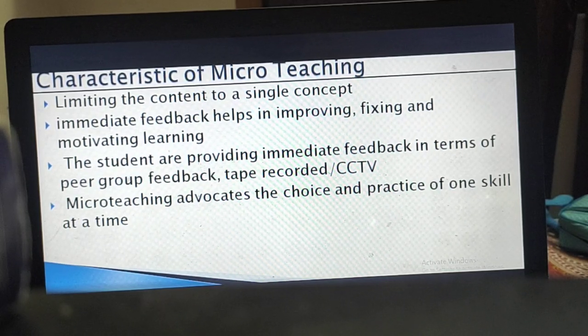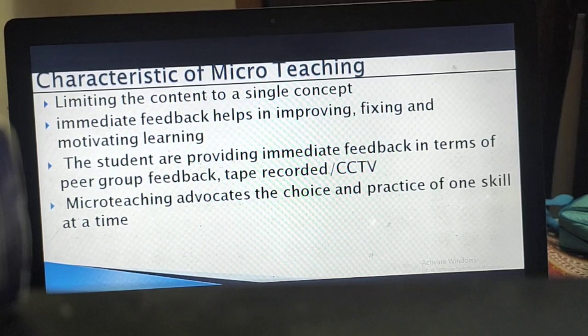When a teacher practices any type of teaching skill, the observer observes, and after the teaching is complete, the observer immediately gives feedback. After getting the feedback, the teacher rectifies his weaknesses immediately. That's why micro-teaching provides immediate feedback to improve fixation and motivate learning.